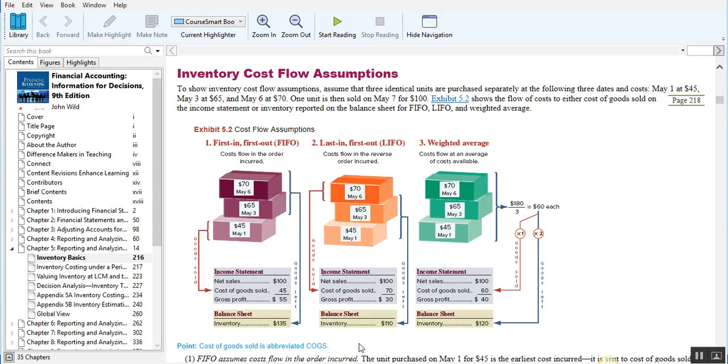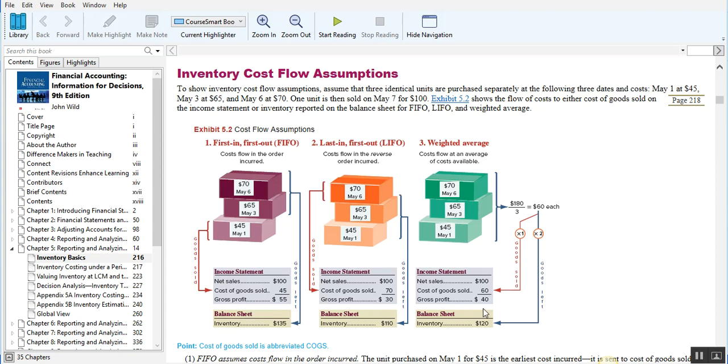But inventory will be valued a little bit lower too. So you'll have lower gross profit and lower inventory, but cost of goods sold will reflect what the current cost of items are. And sometimes this is the approach that the business wants to take. This will be the lowest cost ending inventory and the lowest gross profit.